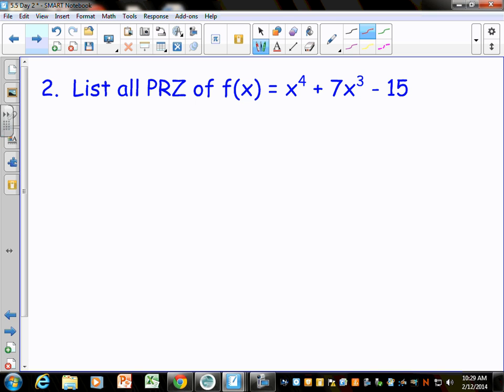This is my favorite type of problem to do rational zeros, because what would I take factors of on this one? Factors of 15 over factors of 1. When the leading coefficient is 1, that means you're not going to get any fractions, right?